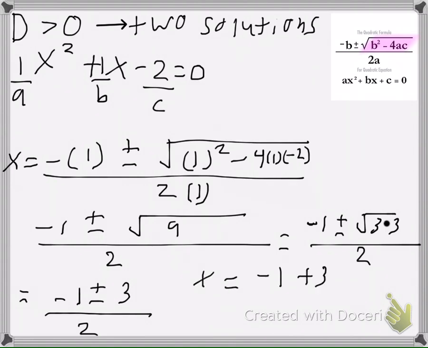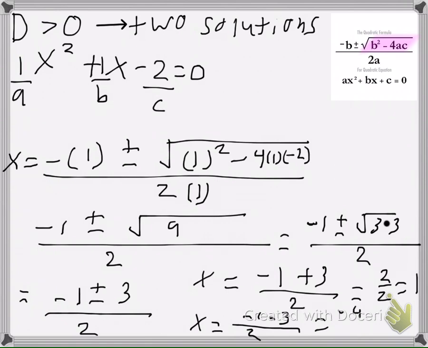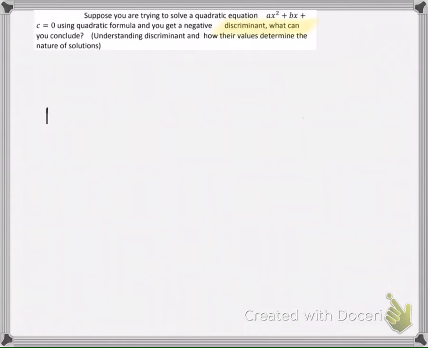Separating that into the two values for x, I have x equals negative 1 plus 3 over 2, which is 2 over 2, which is 1. And x equals negative 1 minus 3 over 2, which is negative 4 over 2, which simplifies to negative 2. So those are my two solutions.